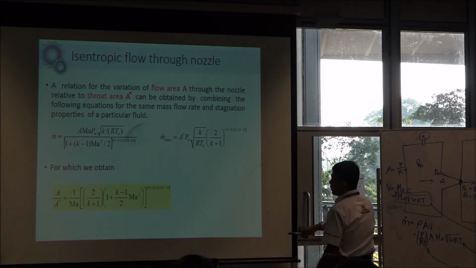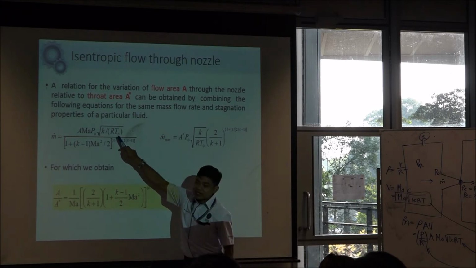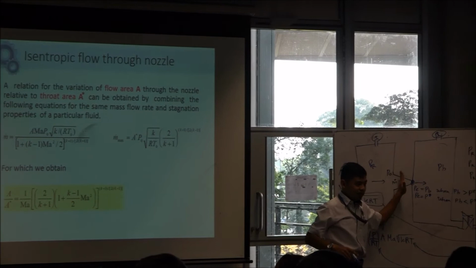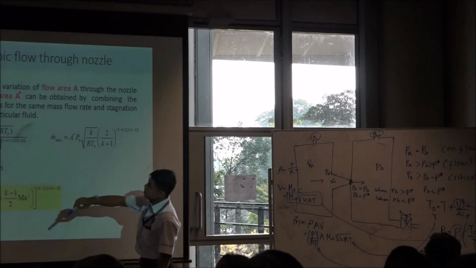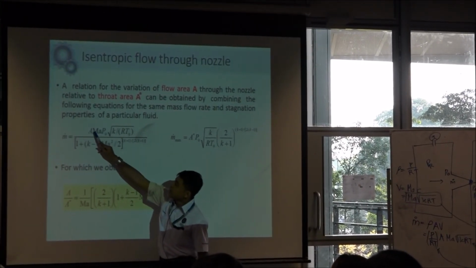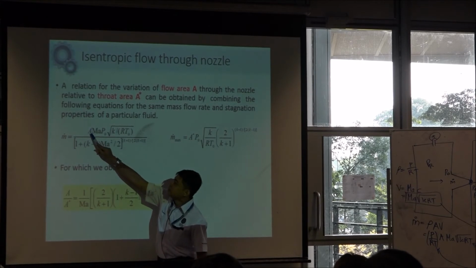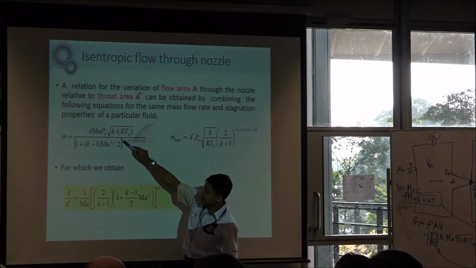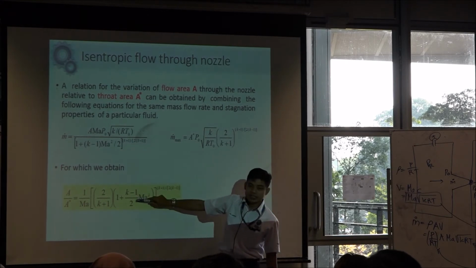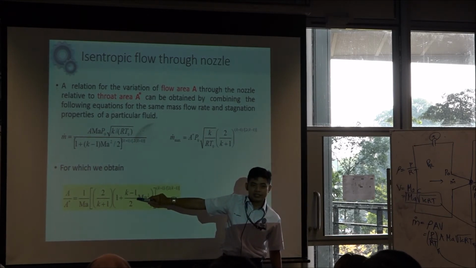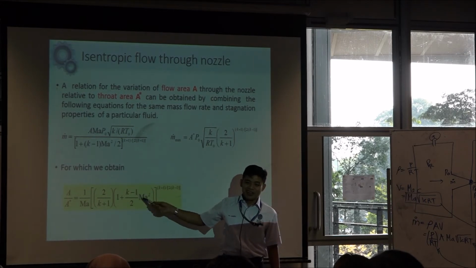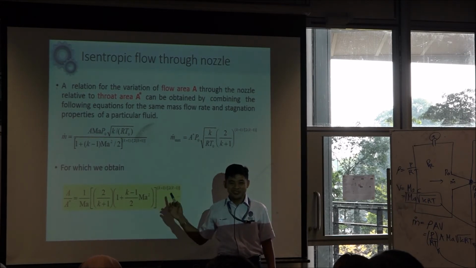This can occur in any location, so this Mach number can be any value, and this area can be any value. If you take a ratio between this and that, you will get this equation, which is the one that we need to solve our tutorial question 3.